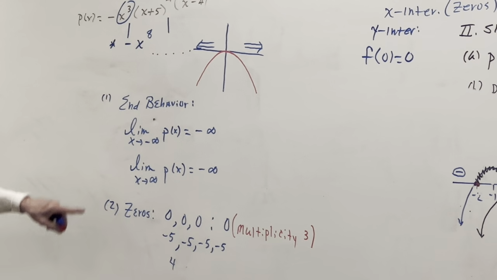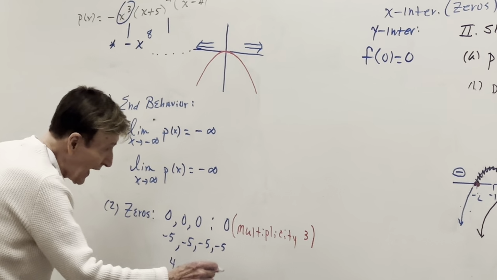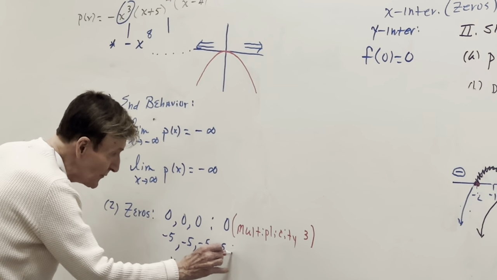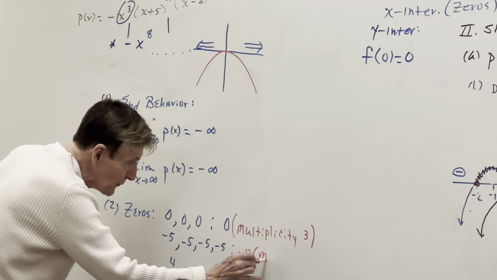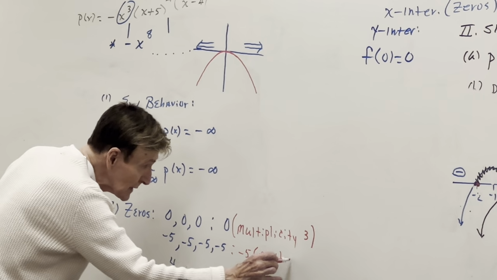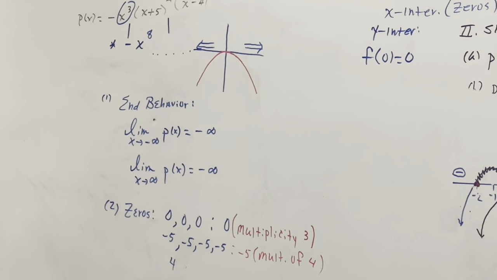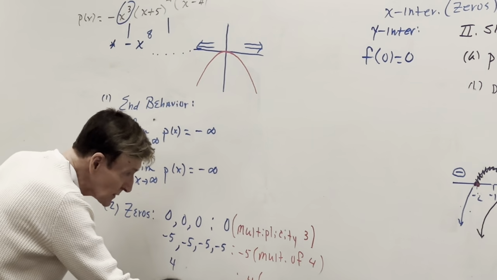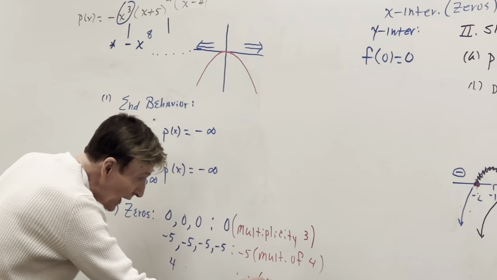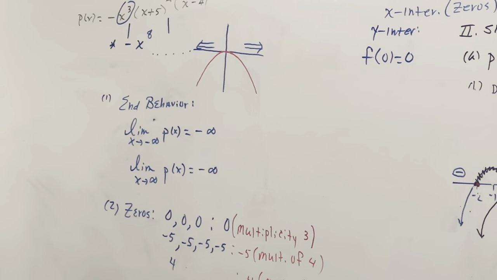This one down here, -5, since it came from this factor with the 4, shows up 4 times, a multiplicity of 4. Let me just abbreviate these. And finally, we got 4, and your textbook says it's a multiplicity of 1. It shows up once.